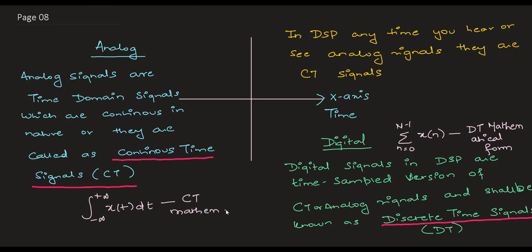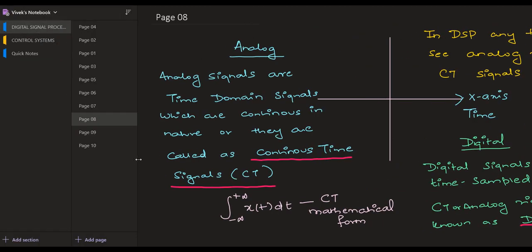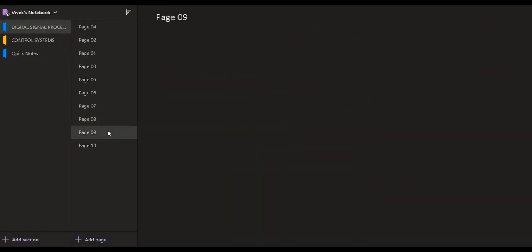Then your discrete time signal is the sum, sigma n equal to 0 to N minus 1, of x of n. The small n represents the sample point and the capital N represents the number of samples. Good. I guess that's enough for the introductory class today.